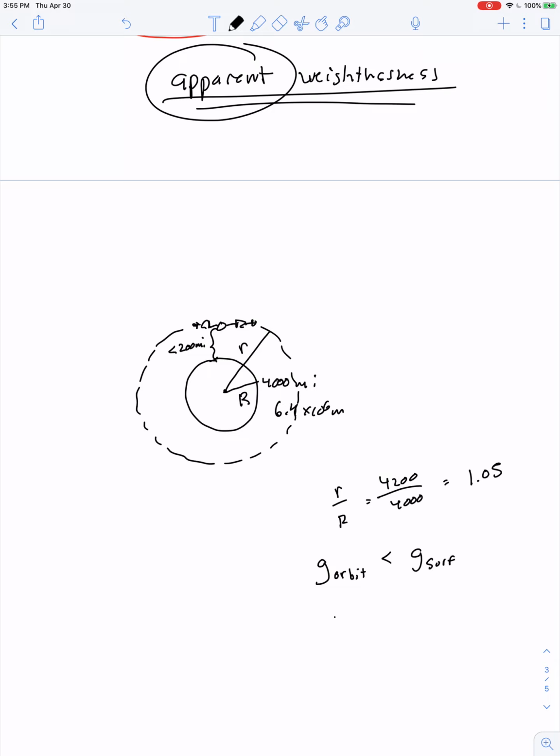And it would be less by an amount equal to not just 1 over 1.05, but rather 1 over 1.05 squared. It's an inverse squared law.